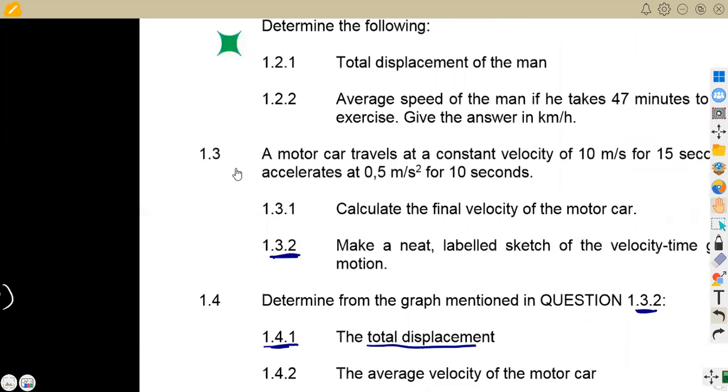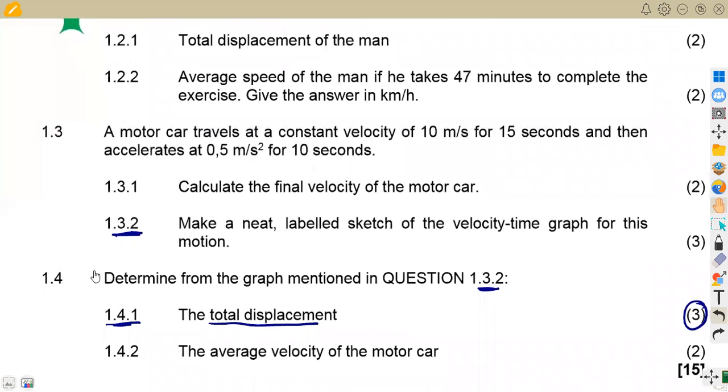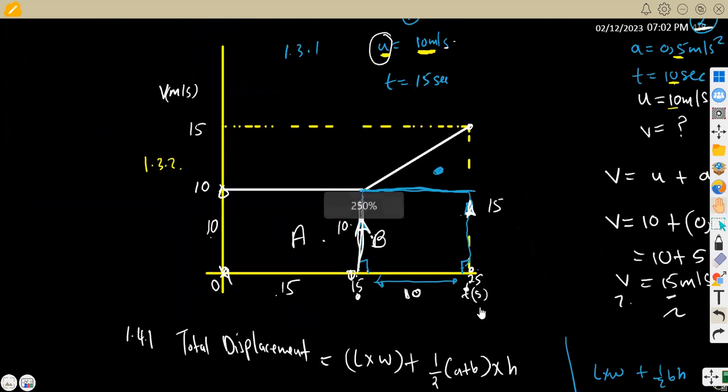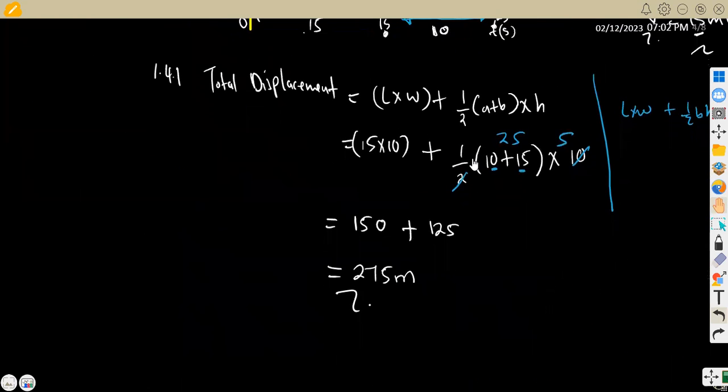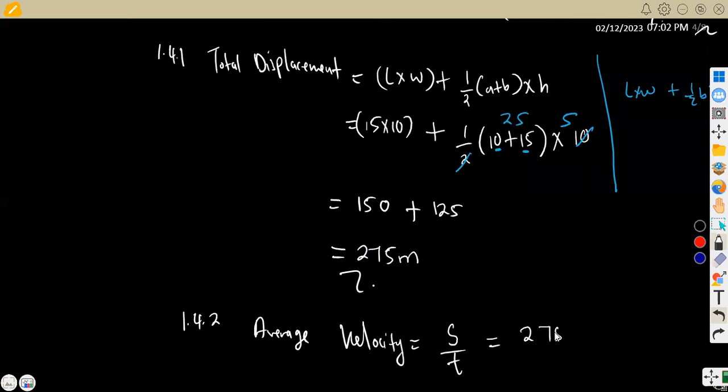All right, on 1.42, we are now asked to calculate the average velocity of the car. Remember, displacement can give us average velocity. Okay, so average velocity is a continuation from the displacement. Take note, this was for the time in 25 seconds, and we know that the average velocity is simply displacement over the time. All right, so that's 1.42. So our average velocity in this case is going to be the total displacement over the total time, where we've got a total displacement of 275 meters over the total time.